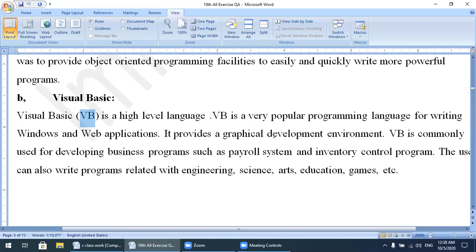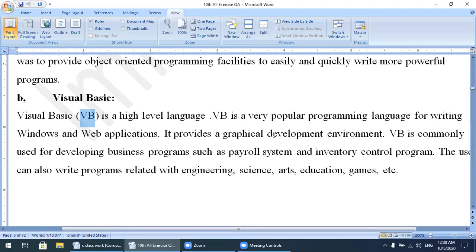VB is commonly used. Before Visual Basic there was another language known as Basic. The advanced version of Basic language is Visual Basic. VB is commonly used for developing business programs or database programs; mostly we use Visual Basic for database programming.